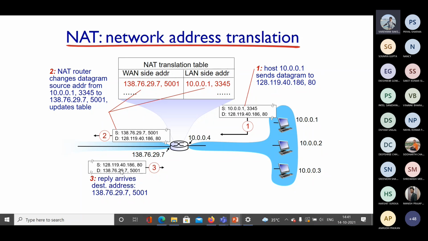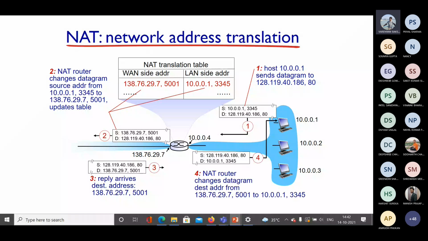And the destination address will of course be the outside interface's address, 138.76.29.7. When it comes to the NAT router, the destination address has to be changed, using the information already remembered by the NAT translation table while the packet was being transferred.